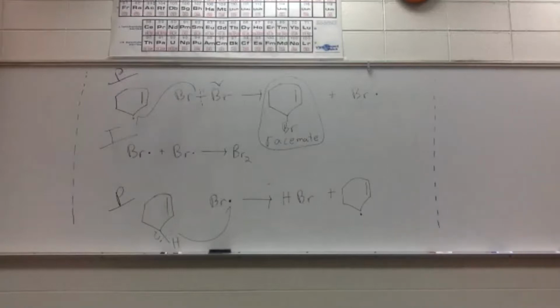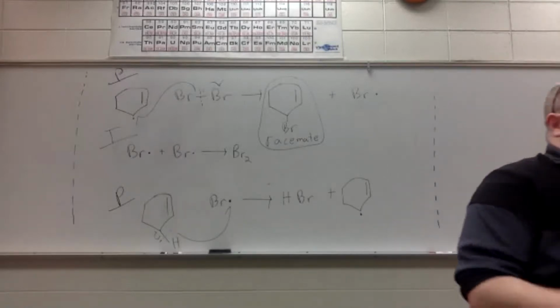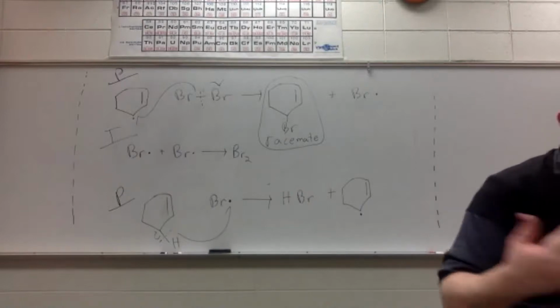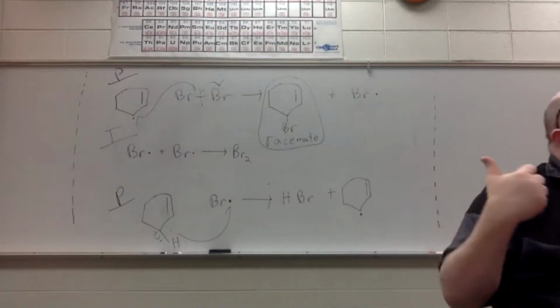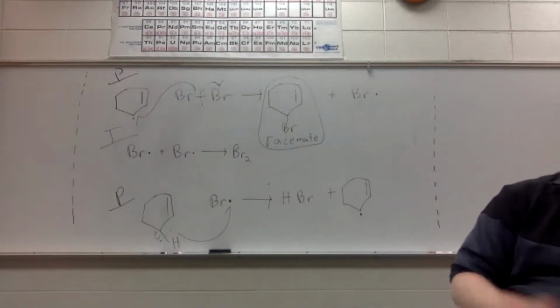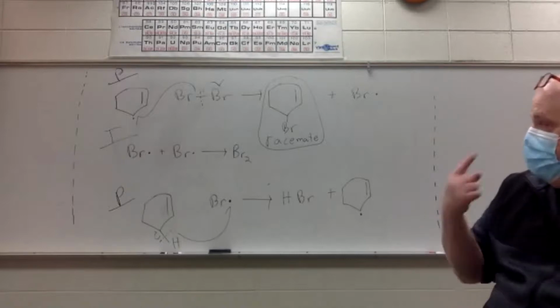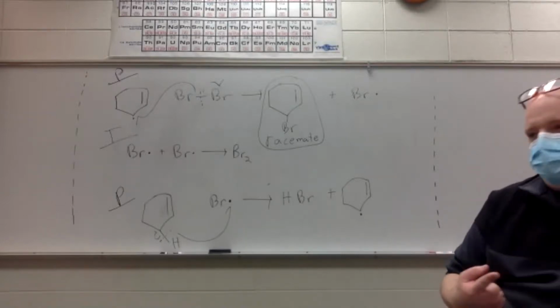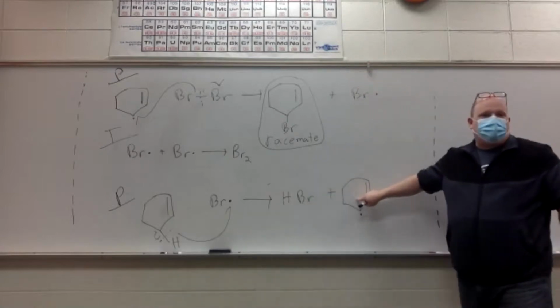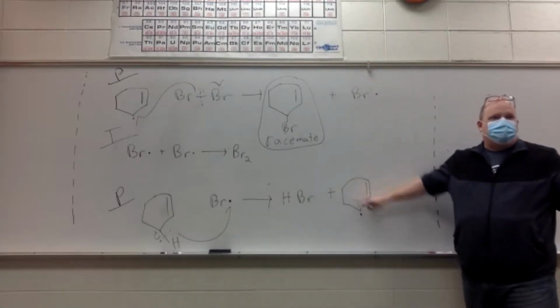So bottom line, to do this, you have to have Br2, but number one, you don't want a whole lot of it, right? This just forms a little bit at a time. You don't have a big batch of Br2 initially, so you only have a little bit at a time. And number two, it doesn't form until you already have carbon radicals present, right?